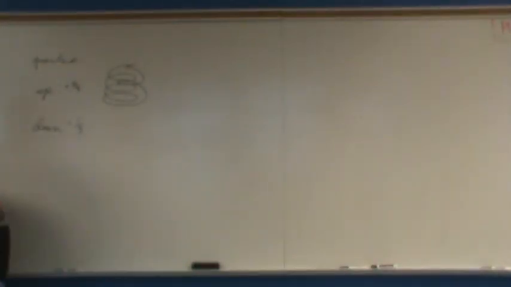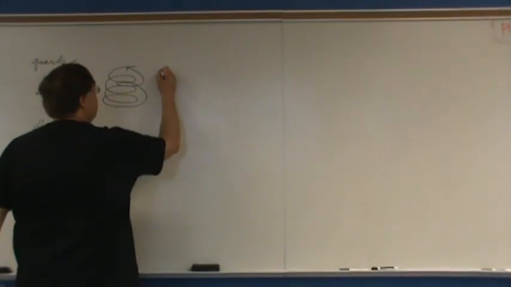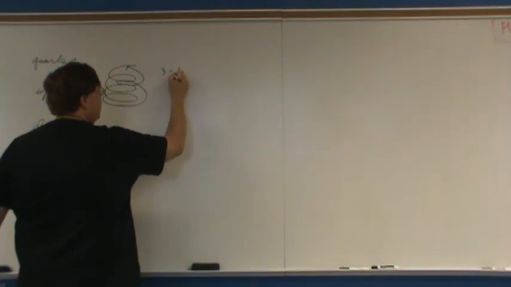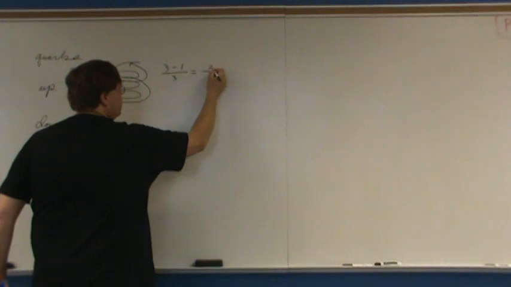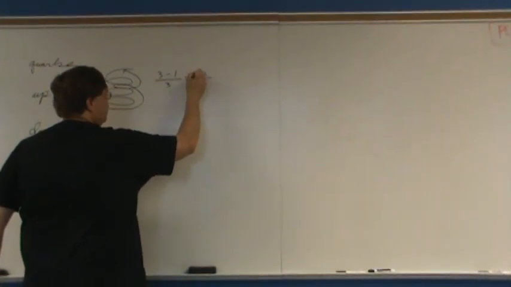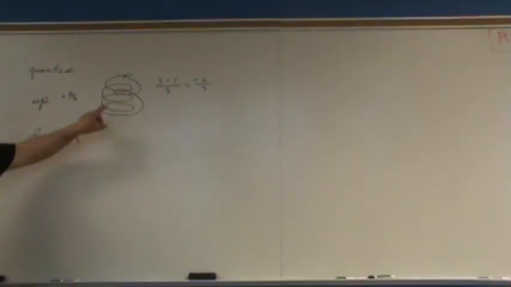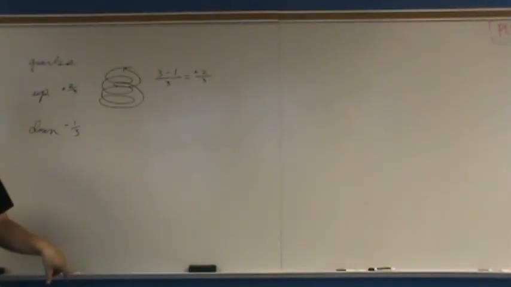Okay? So the net effect is 3 minus 1 over 3 equals a charge of 2/3 positive. Notice that my directional is down.